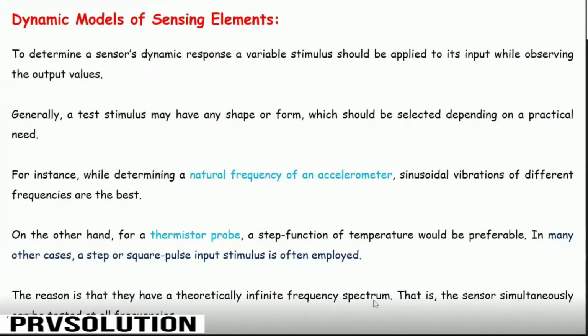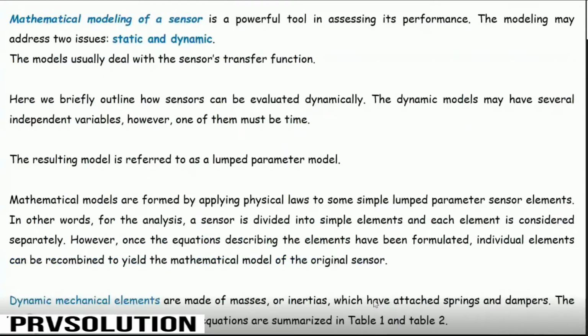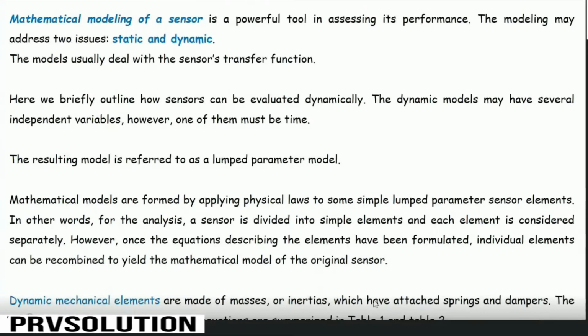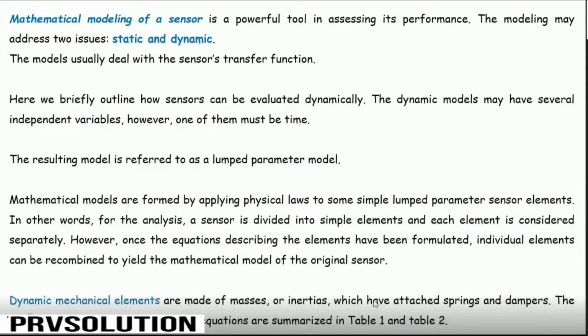Correct? So the first thing is input. Then the second thing is the block to which the input is applied. If we know the dynamic model, if we know the representation of that sensor in terms of some mathematical equation, we can easily obtain the output. So mathematical modeling of a sensor is a powerful tool in assessing its performance. The modeling may address two issues, static and dynamic. The model usually deals with the sensor's transfer function.